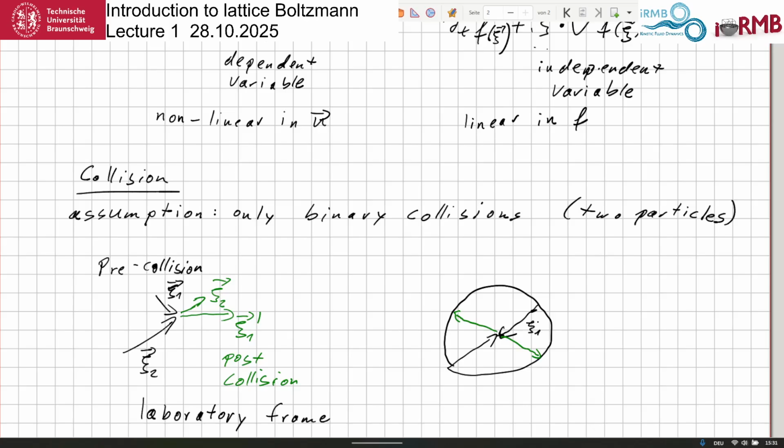This here again would be c1, now in the center of mass coordinate system. This here will be c2, and the other ones here would be, it doesn't matter, c1 dash and c2 dash. And this we call the center of mass frame. So it's much easier to work in the center of mass frame.